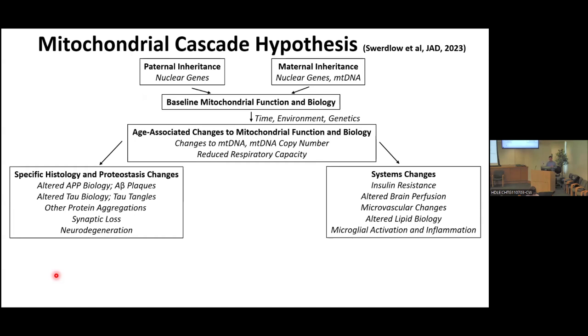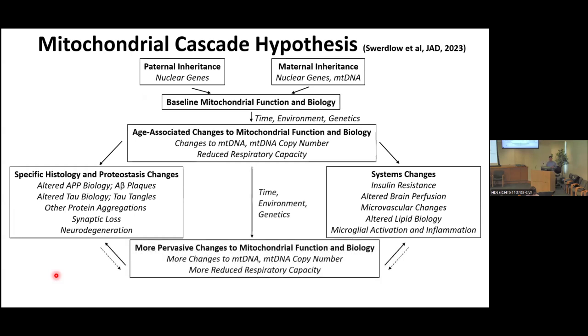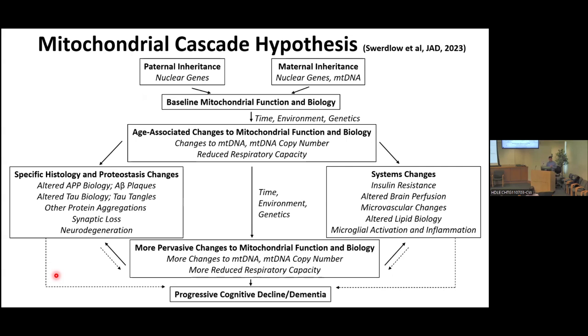Now, these systems changes and proteostasis changes may feed forward to further impair mitochondrial function, or not, but simply with the passage of time, someone's mitochondria will continue to decline, and the person may reach a point that they can no longer compensate. And I would propose that when they transition from a state of compensated bioenergetic function to decompensated function, that's when they begin to experience the phenotype of Alzheimer's disease.